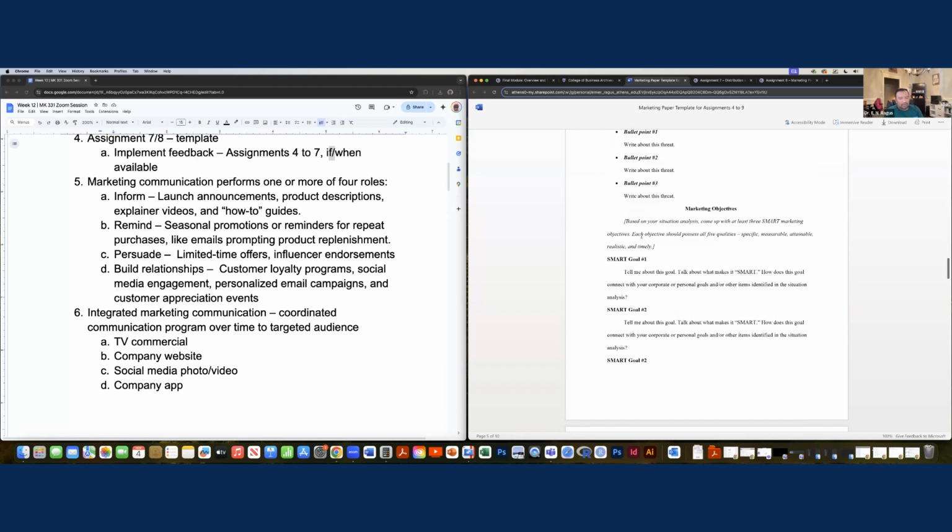So I'll use weaknesses. For those of you working on a marketing plan about yourself, a typical weakness would be, okay, I don't have a degree, for example. Knowing that's a weakness would make for a good objective, one of my SMART goals would be to complete my degree by December 2025.